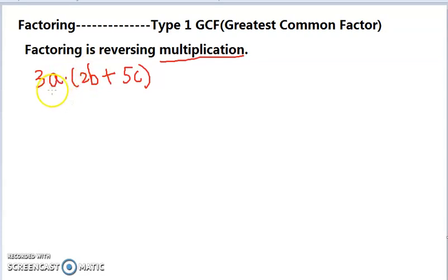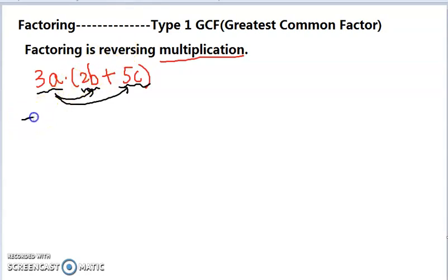We need to multiply 3a and 2b plus 5c in the parentheses. The parentheses indicate that we have to multiply 3a with both of them: 3a times 2b, and then we need to multiply 3a and 5c. This rule is called distribution, the distributive law.